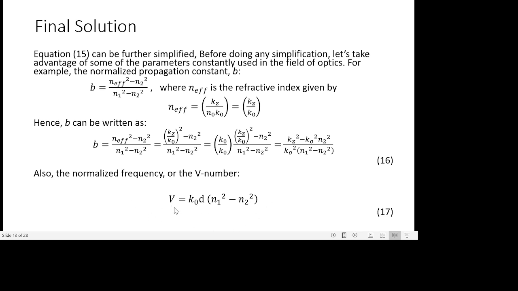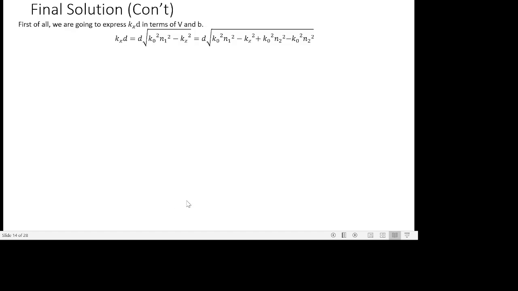This formula is universal. And remember, D is the thickness. So let's simplify the leftmost term of equation 15, kx of D, which is equal to this one, and which is equal to plus or minus this term. So it's not going to affect the value inside the square root.